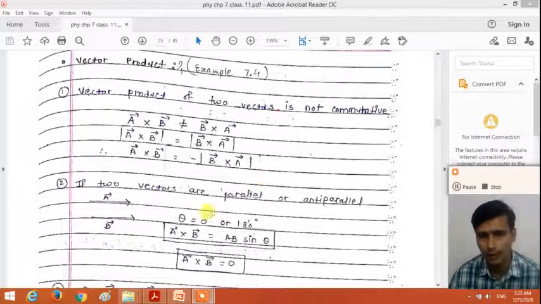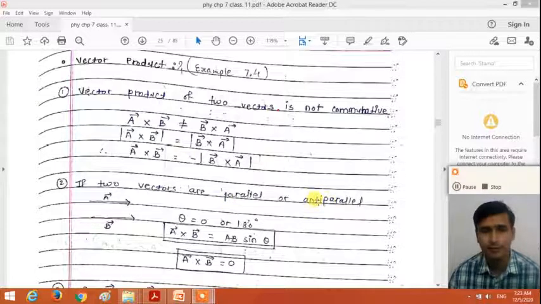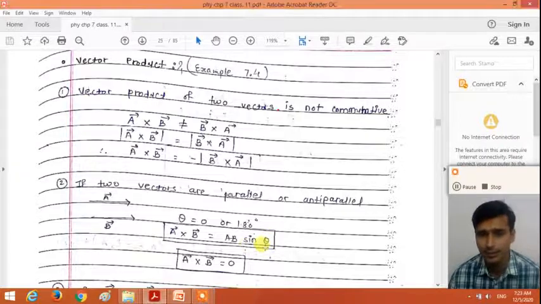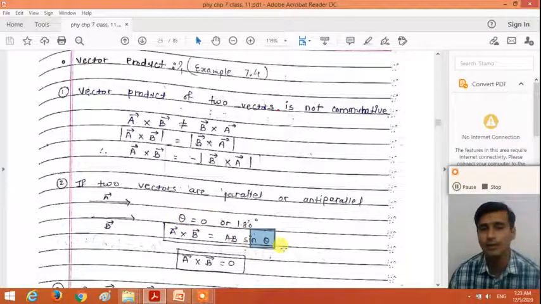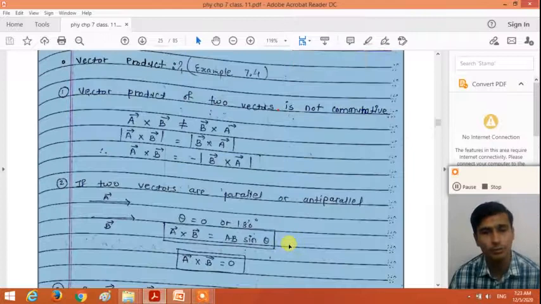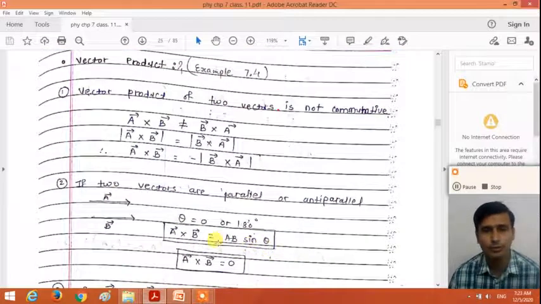So in both cases, A cross B is equal to AB sine theta. Theta equal to 0, sine 0 is 0. Theta equal to 180, sine 180 is also 0, right? So the vector product of two parallel vectors or anti-parallel vectors is always 0.